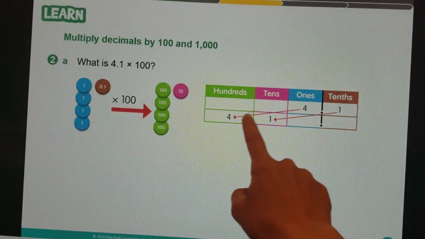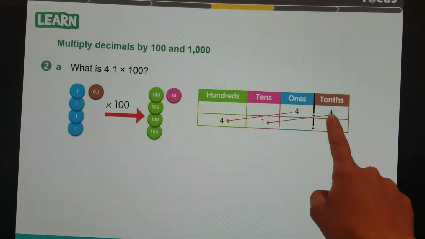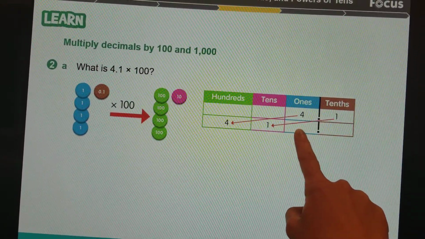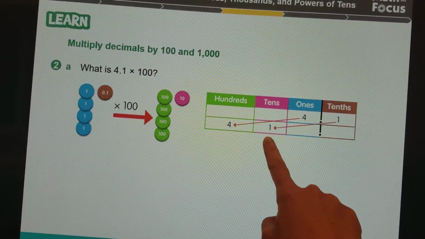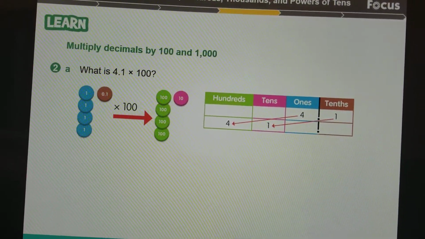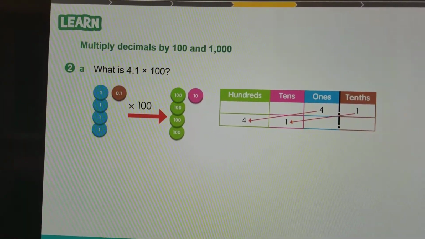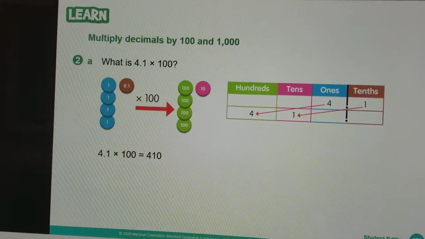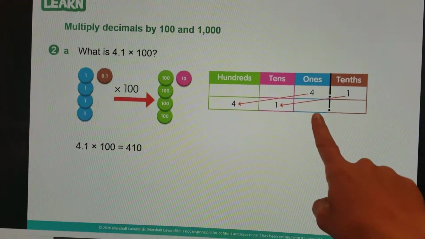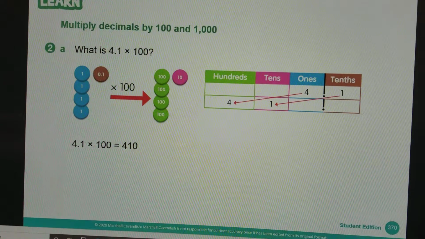It was 4 times 100 is 400. I have a dime, or a tenth, times 10 is 1, times 10 is 10, right? So I just took my 4.1 and multiplied it by 100. I moved it over 2 decimal places because it's times 10 times 10. It's 410, right? I would need to put a 0 there so that I know it's 410 and not 41.